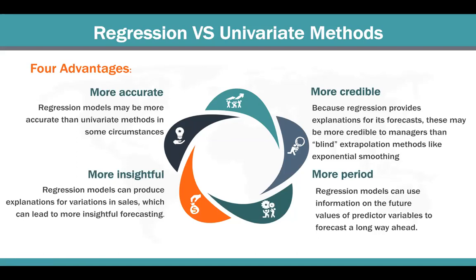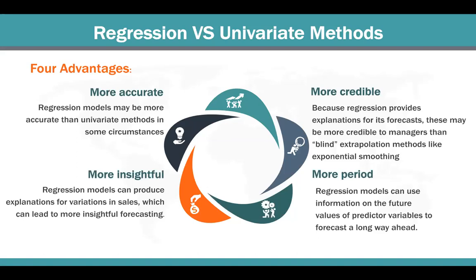Methods like simple exponential smoothing and ARIMA models are designed for short-term forecasting. Simple exponential smoothing gives a flat forecast for more than one period ahead, but a regression model can use information to forecast a long way ahead.